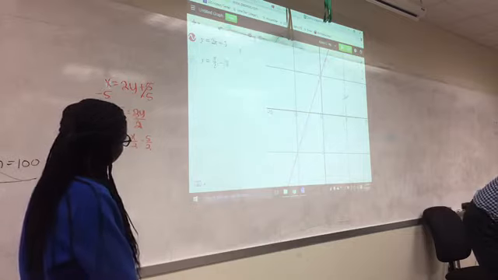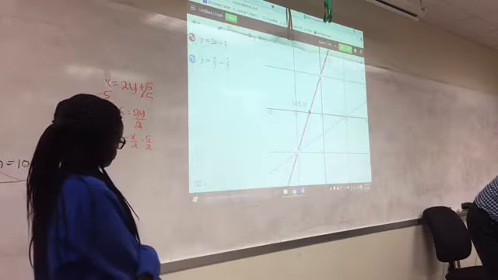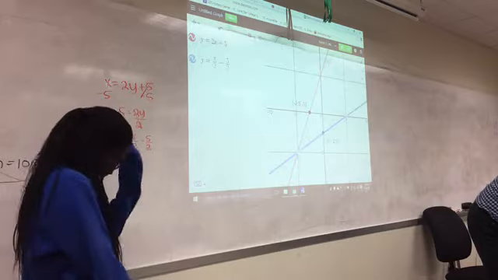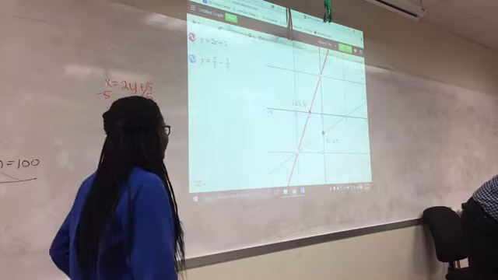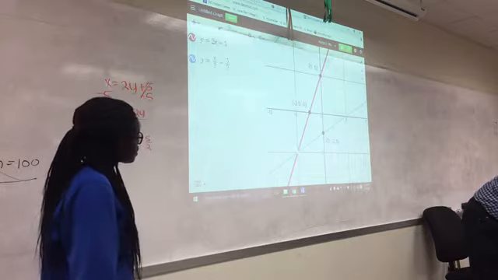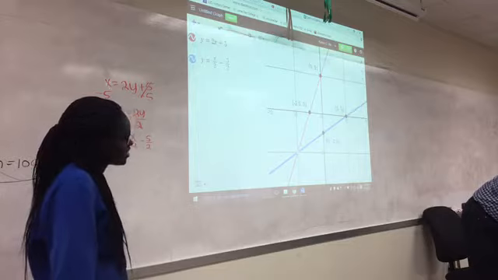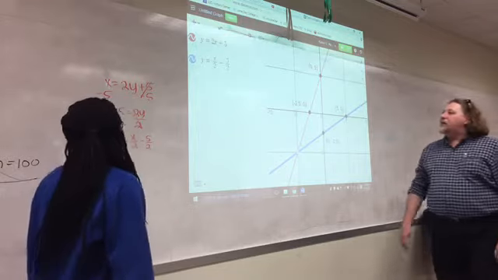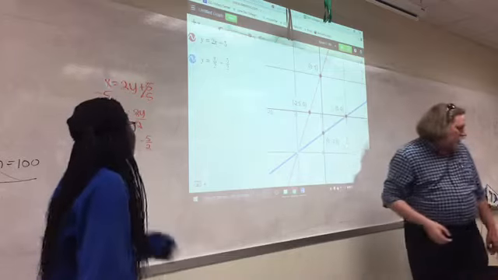Just a minute ago, we had the point (-2.5, 0), and here I have the point (0, -2.5), so it looks like we're doing well. Let's try another one. Over here, I have the point (0, 5), and look at that inverse in blue, we have (5, 0). So do we have a good reversing? Yes, we do.